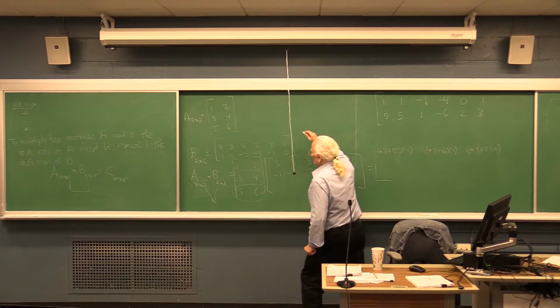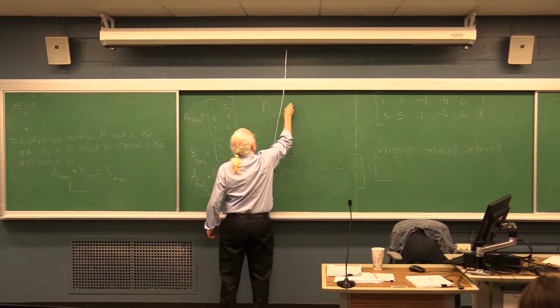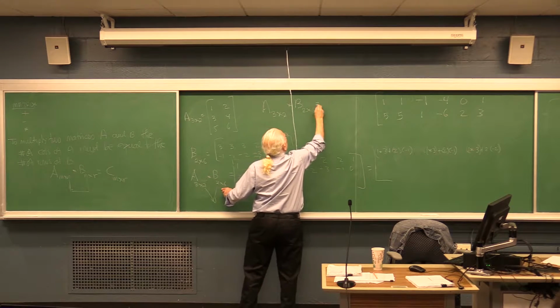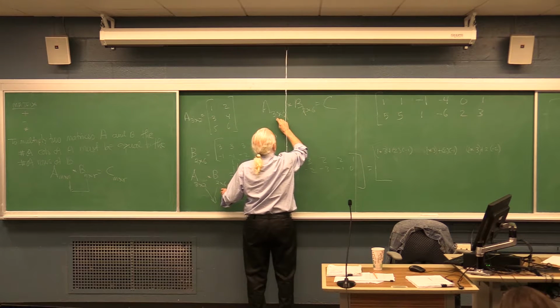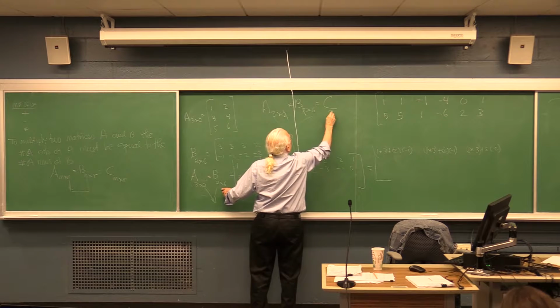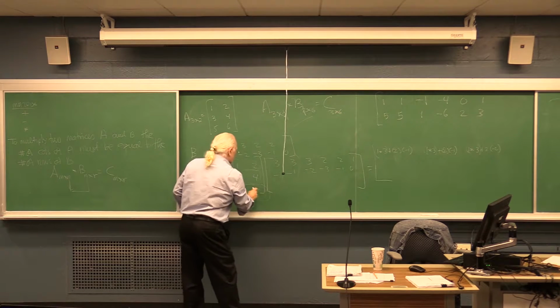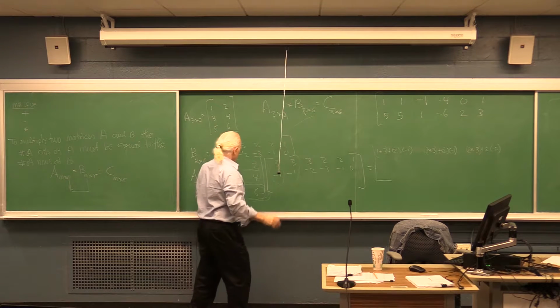So if A is 3 by 2 and B is 2 by 6, the inner dimensions have to agree, and then the result will be 3 by 6. So then you take the last row times the first column, last row times the second column, like that, right?